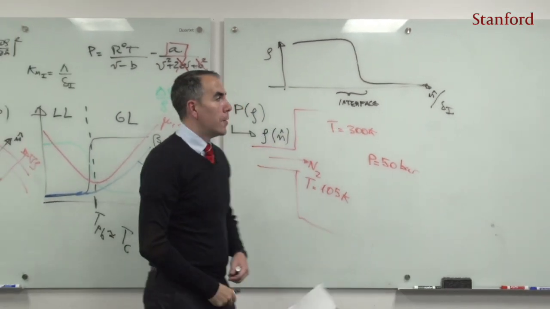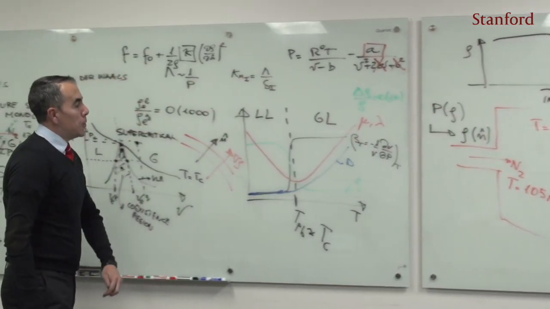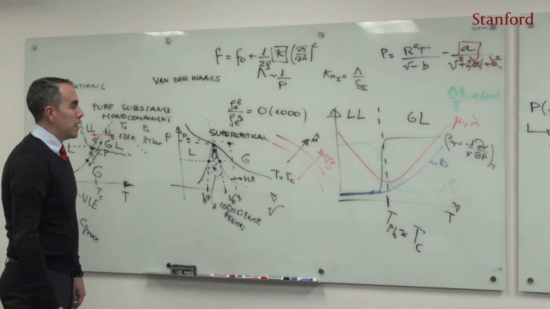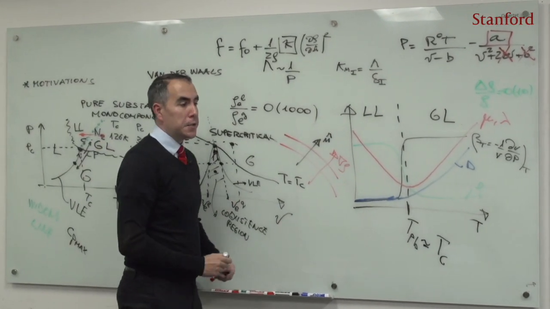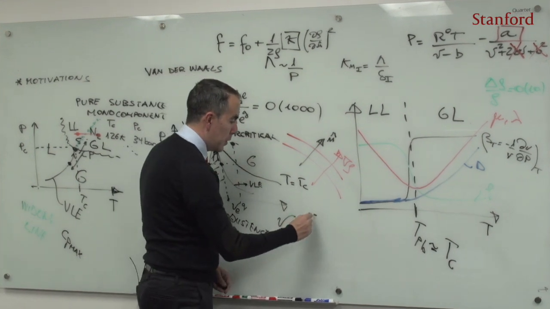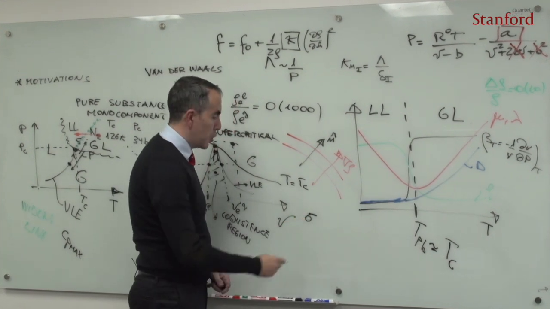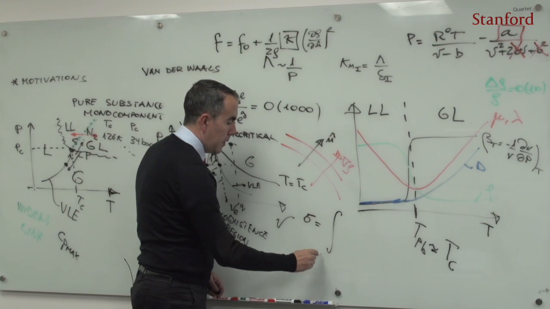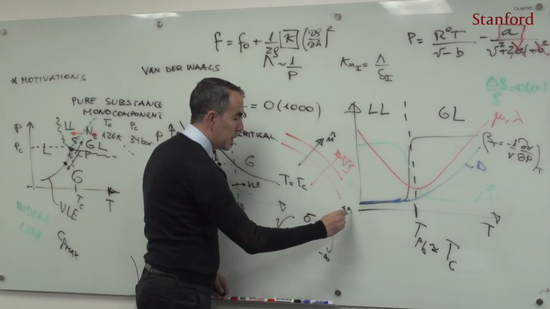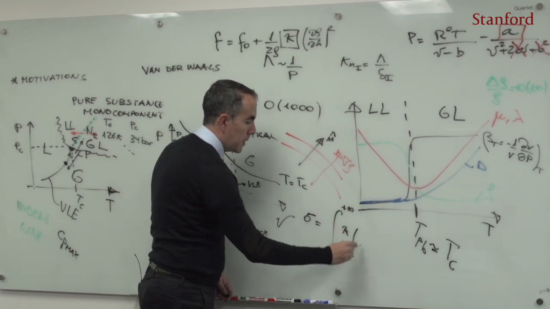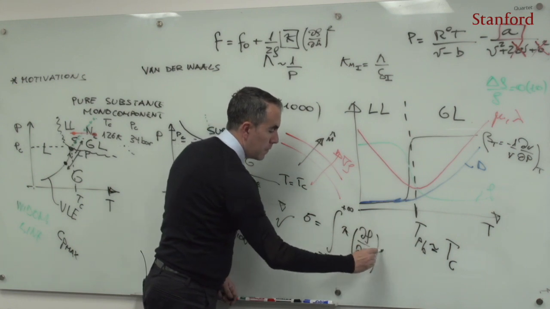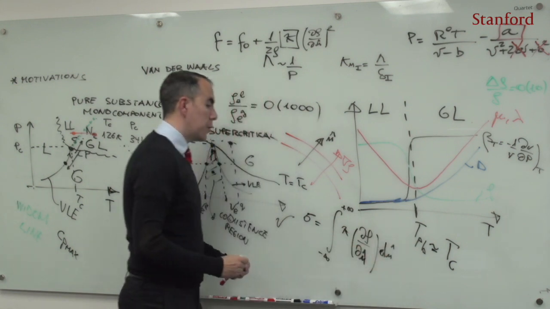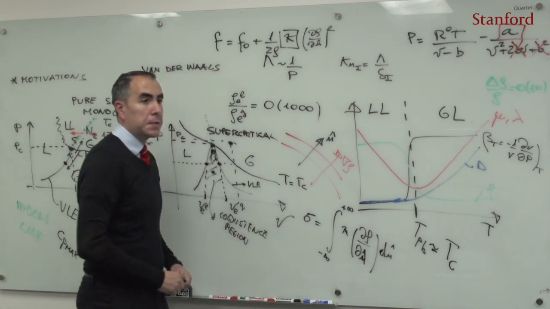So, okay, now let's go back here. One thing that van der Waals was capable of doing is actually calculating the surface tension. So the surface tension in his theory is given by the integral from -infinity to +infinity of kappa multiplied by the gradient squared of the density. See, he was capable of calculating this surface tension.